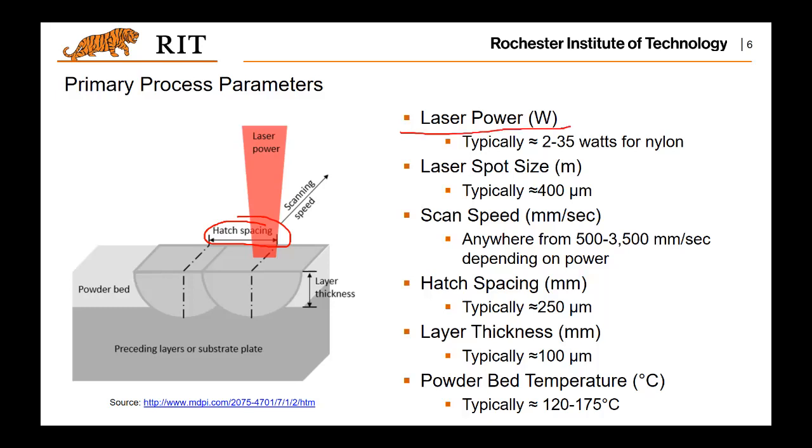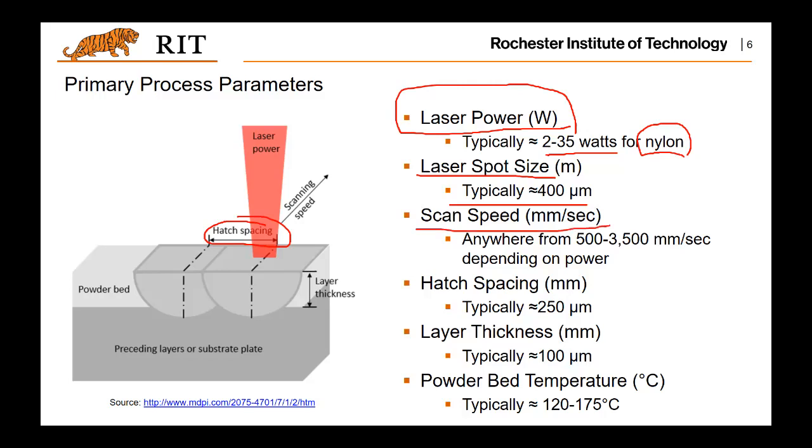Also, it is laser based, and the laser power will be the primary process parameter as well. If you are talking about nylon as a material, usually the power of the laser is 2 to 35 watts. Laser spot size is typically 400 microns.